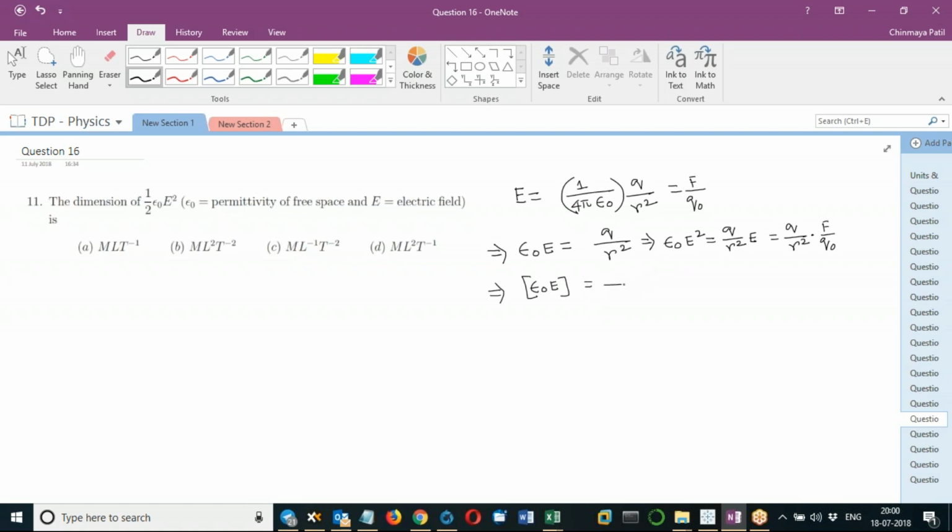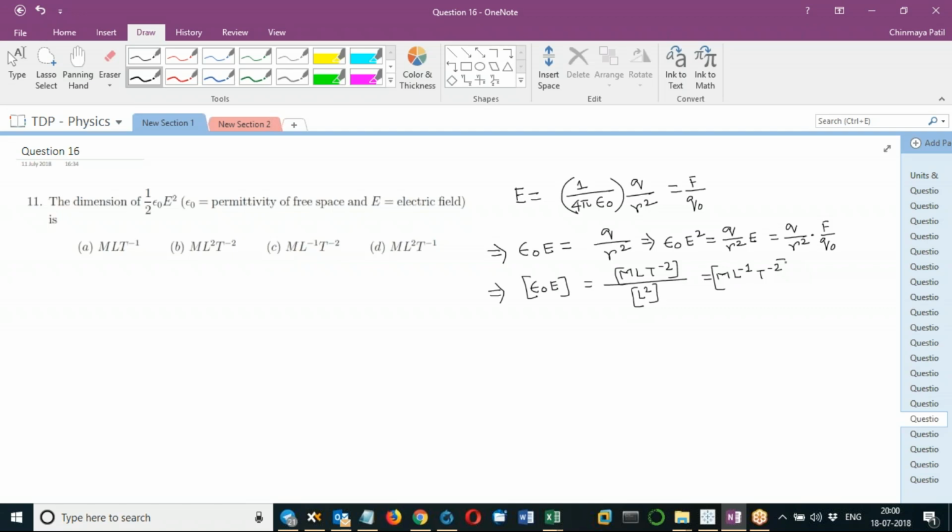So F is nothing but M L T power minus 2, divided by L square. So that actually becomes M L power minus 1 T power minus 2.